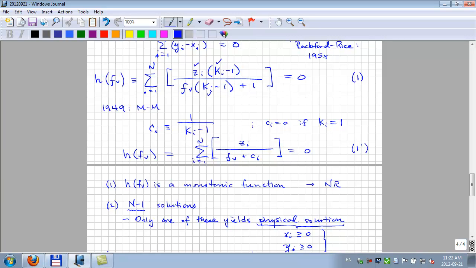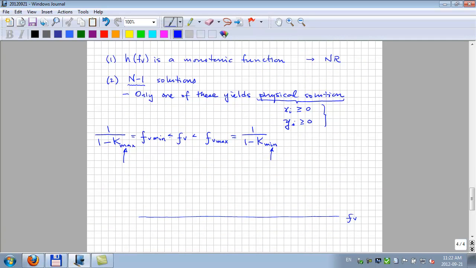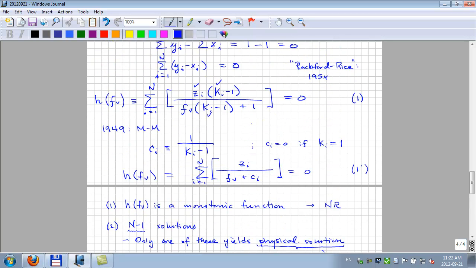What if we pick f of v equal to minus 1 over ki minus 1?